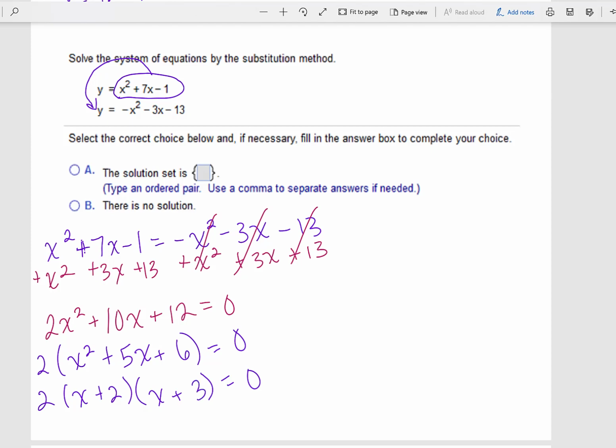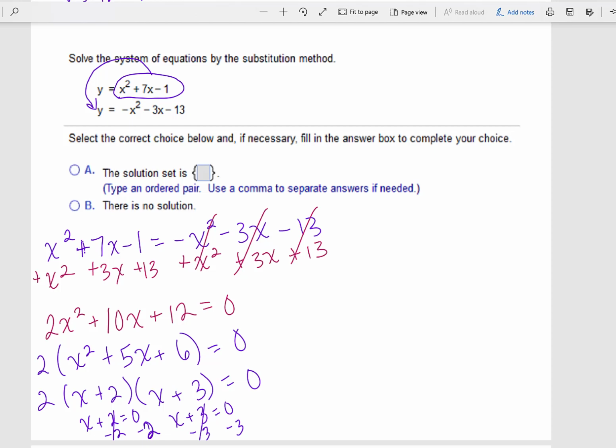I set each of my factors that include a variable equal to 0. And I get x equals -2 and x equals, sorry, that's supposed to be a 2, and x equals -3.